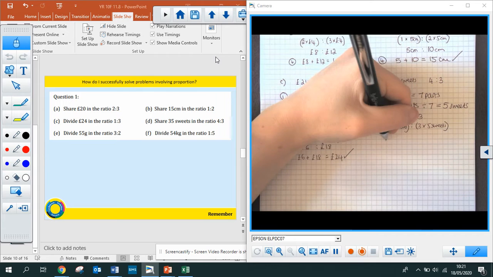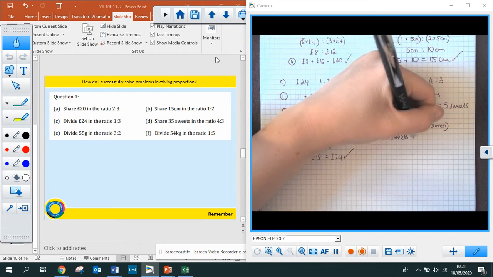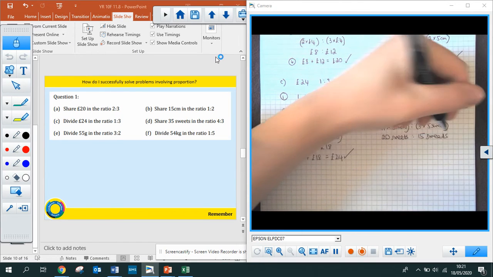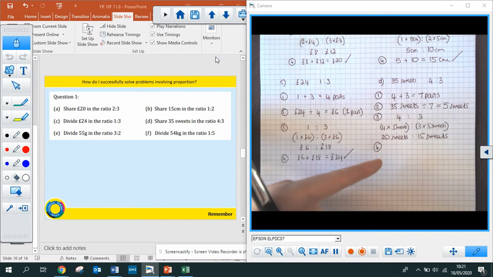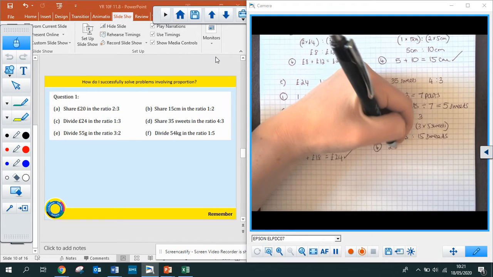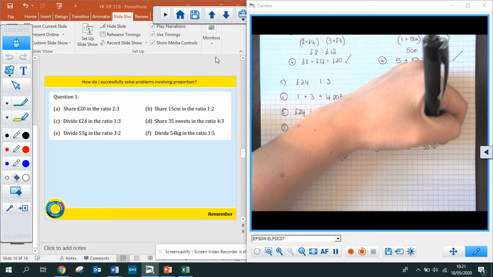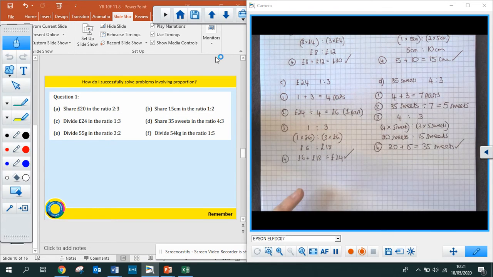Okay, and that gives me 20 sweets to 15 sweets. Final step is your check. Remember, this doesn't get you any marks, it's just for your own assurance that you've got it right. 20 plus 15 equals 35 sweets, and therefore I am correct.